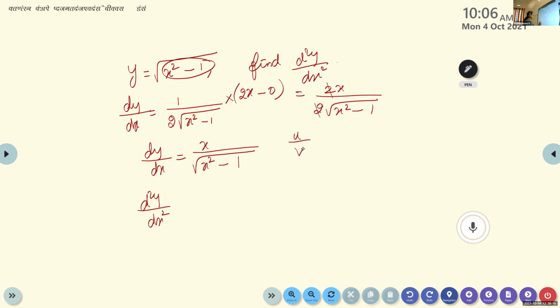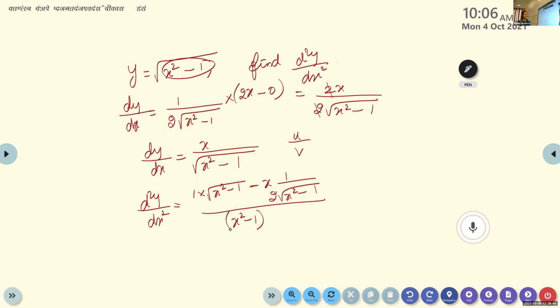Yes, Aishwarya, give the steps. So d square y by dx square is equal to root 1 into root x square minus 1 minus x into 1 by 2 root x square minus 1, by x square minus 1.